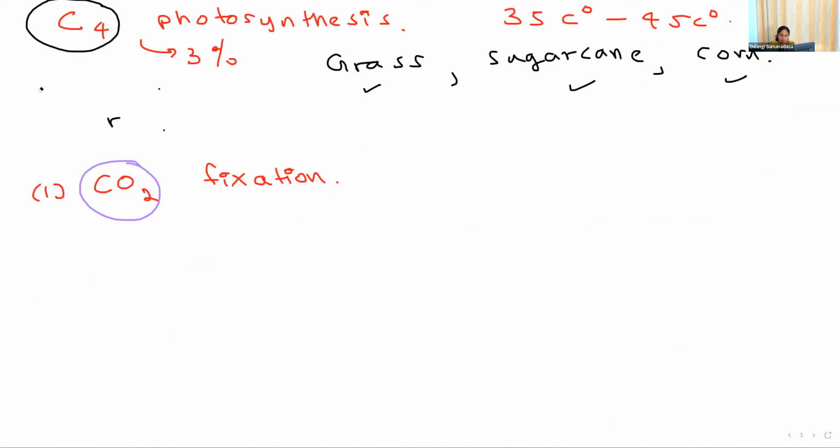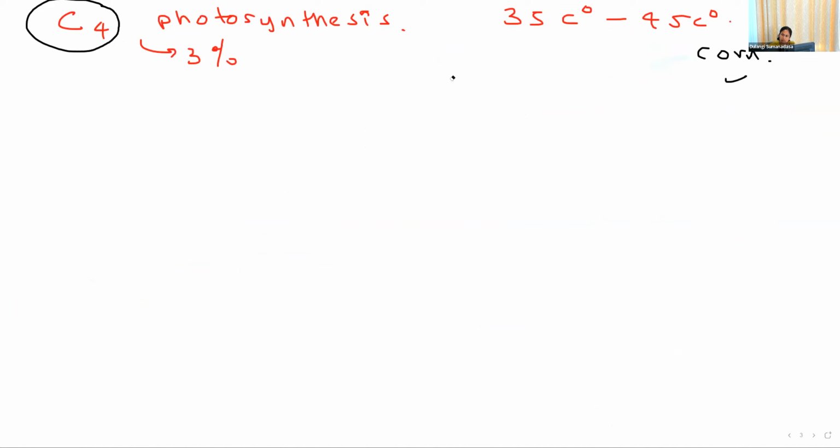So I'm going to rewrite the carbon fixation. Write down number 1: we're going to do a carbon fixation. So rewrite whatever we wrote.